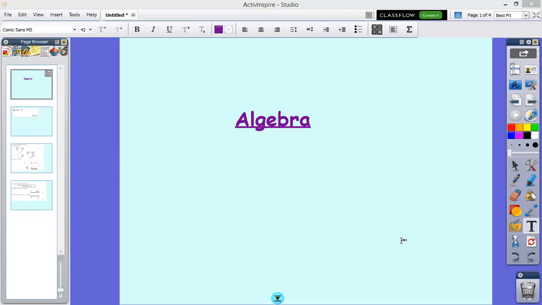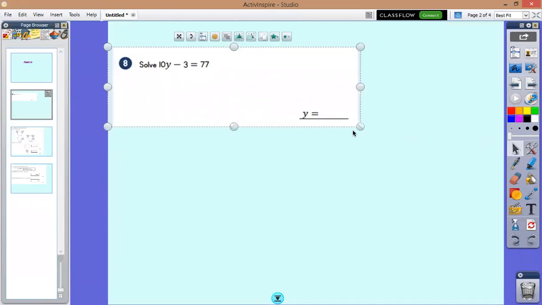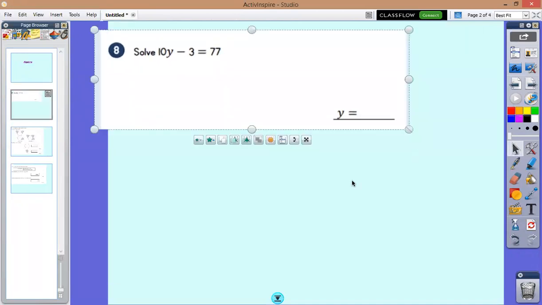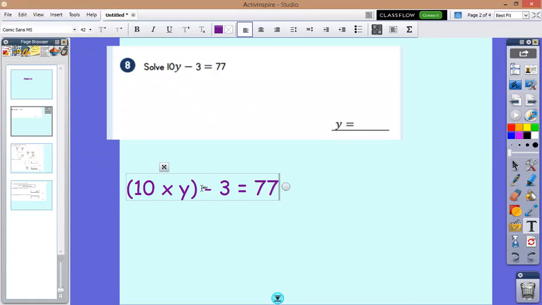what that letter equals. So if I go through a question here for you, over here I've got solve 10y minus 3. Now in algebra, when you have something called 10y like this, what that means is 10 times y. I'll put the brackets there, just to help with all the operations. So 10 times y minus 3 equals 77.